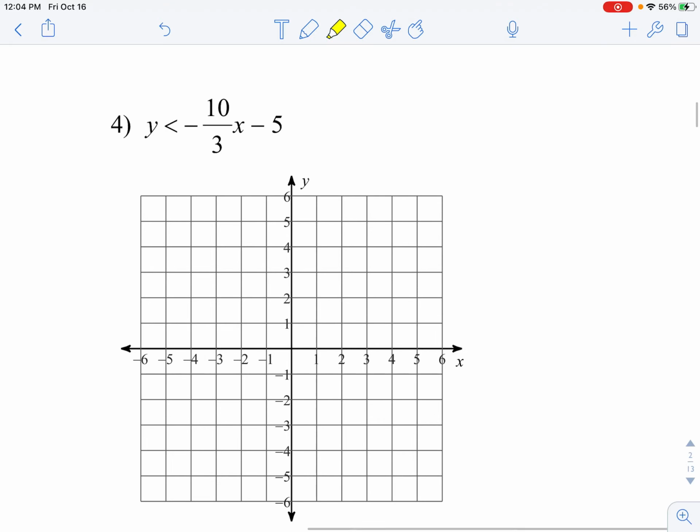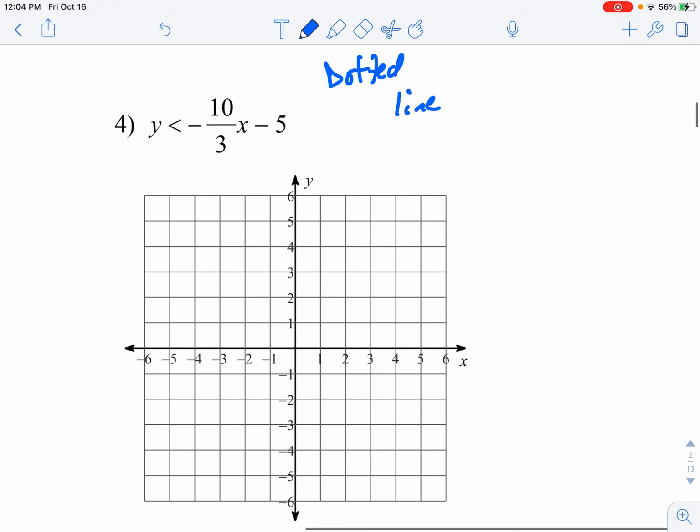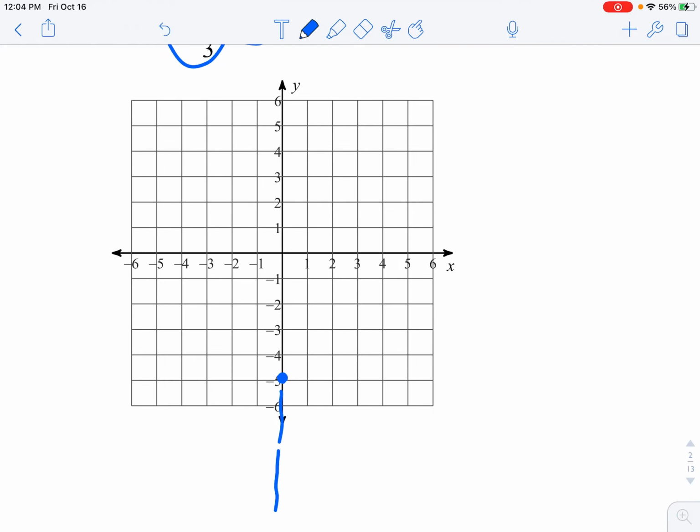Okay, first of all, this is a less than. There is no equal sign here. That means that I have to graph a dotted line, and that matters. You have to do that correctly. My y-intercept is negative 5. The slope is down 10 over 3. So can I go down 10 and over 3? Not very easily.